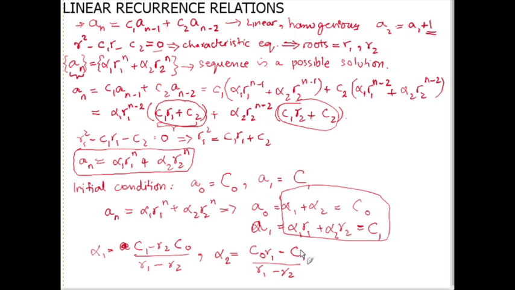Okay, now we have alpha 1 and alpha 2. So what we want to say is that these alpha 1 and alpha 2 are such that they conform with the initial conditions. So now we say, AN is a solution, and alpha 1 R1 to the N plus alpha 2 R2 to the N is also a solution.